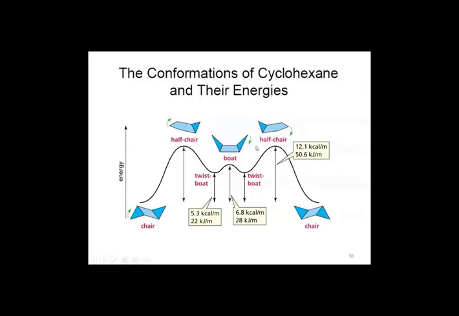Next, when we move from half chair conformation to chair conformation, the energy gap we can see is 12 kilocalories per mole, or 50.6 kilojoules per mole. These two terms differ only in the unit of measurement.